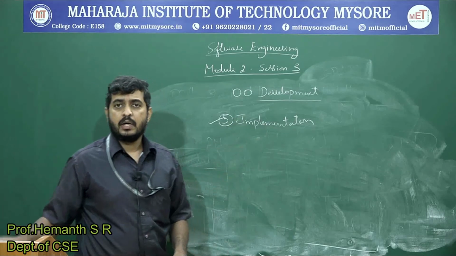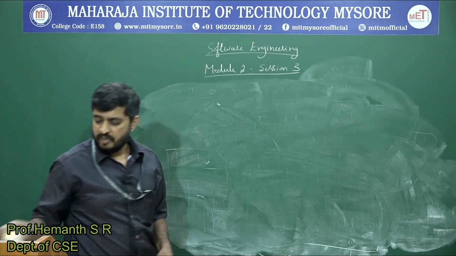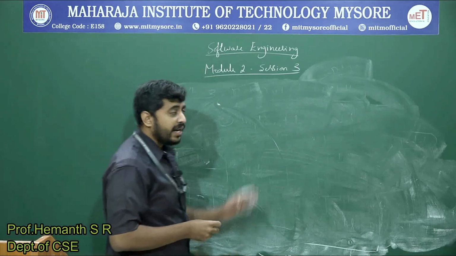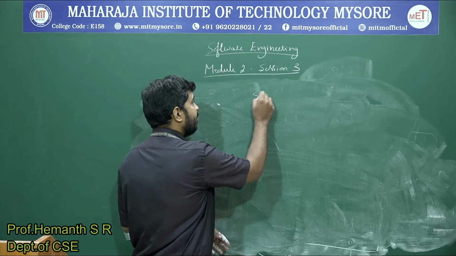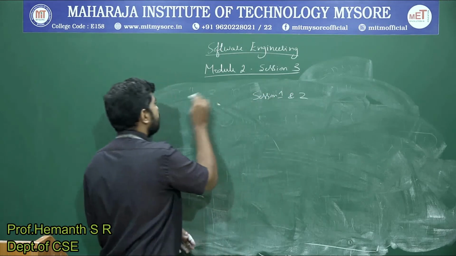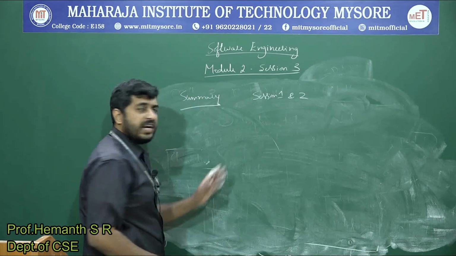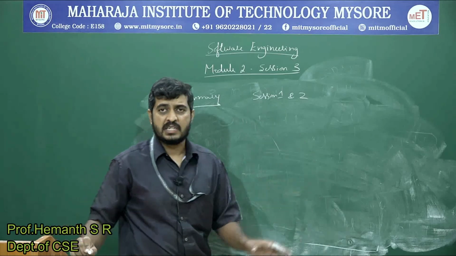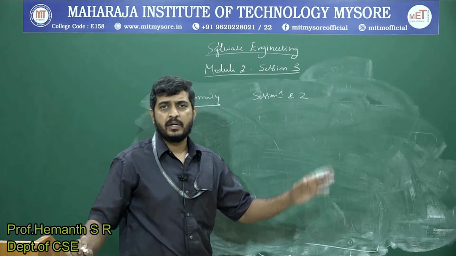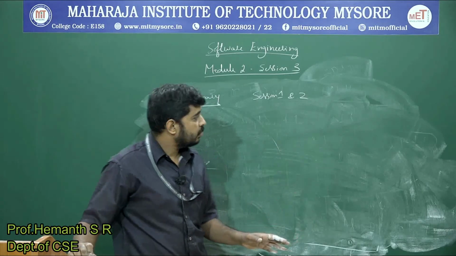So, a brief recap of what was discussed in session 3. We had a recap of what we saw in session 1 and 2. The reason is session 3 is not completely different, it's a continuation of what we had understood in session 1 and 2.